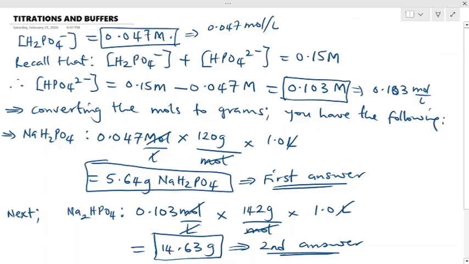I need to add 5.64 grams, which is the first answer, of sodium dihydrophosphate to 1 liter of solution, and I also need to add 14.63 grams of sodium hydrophosphate so I could prepare the buffer of pH 7.2.